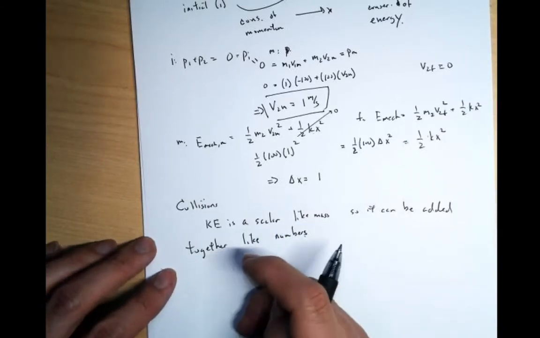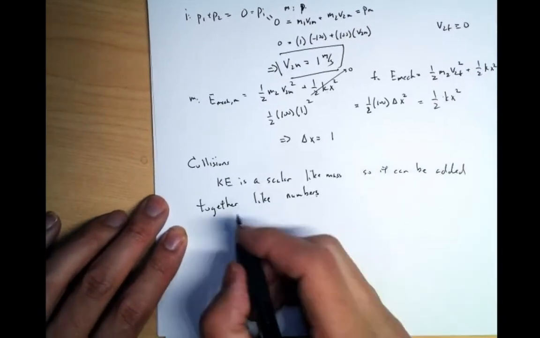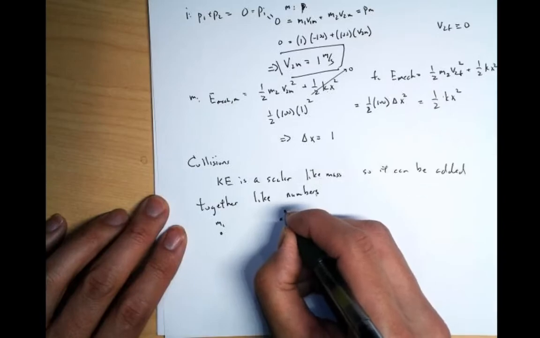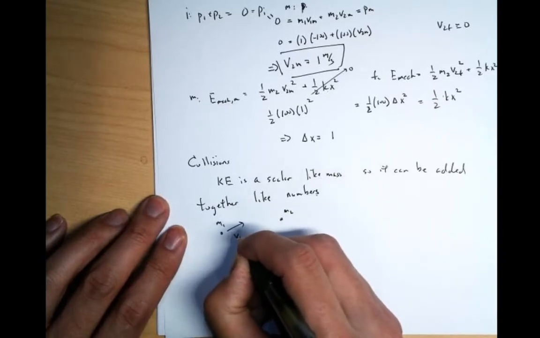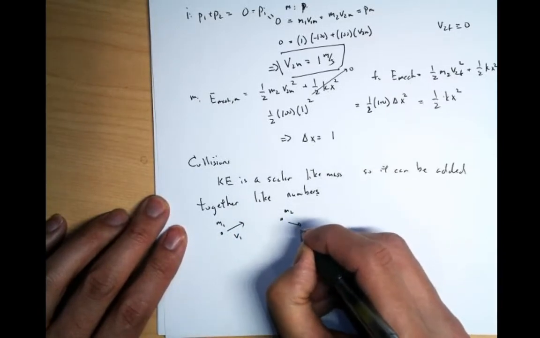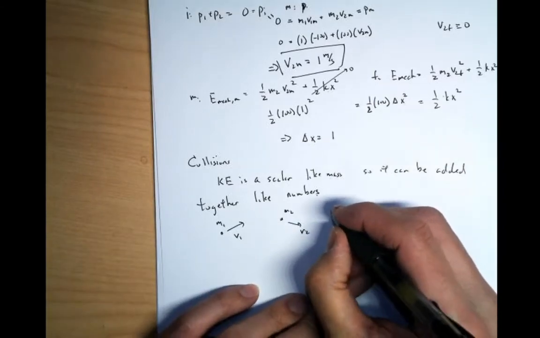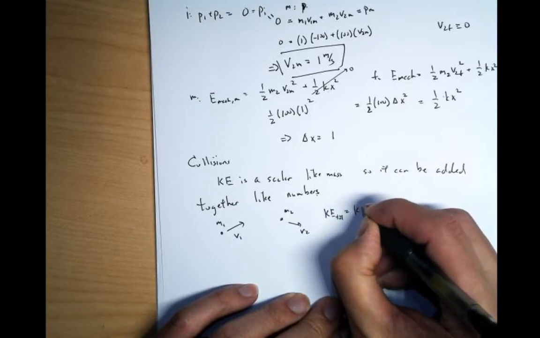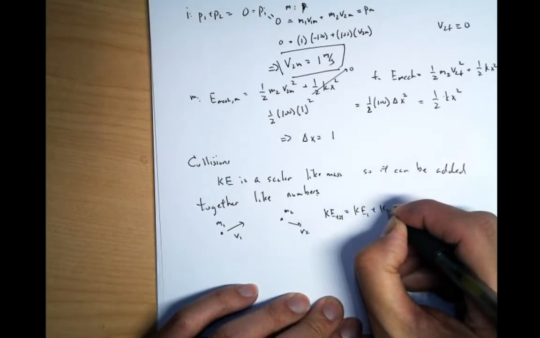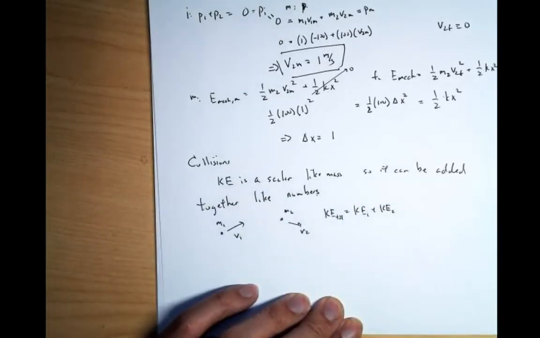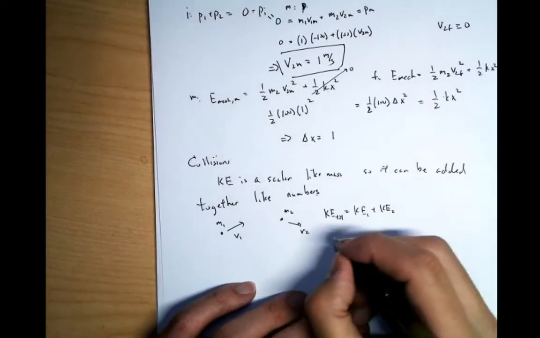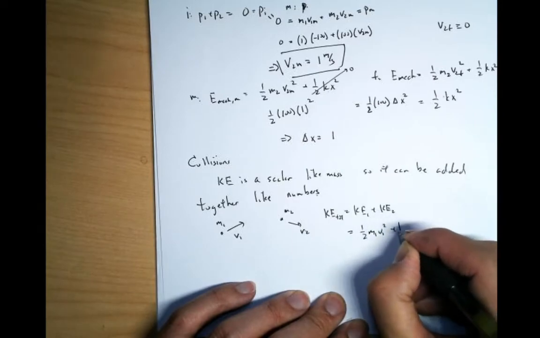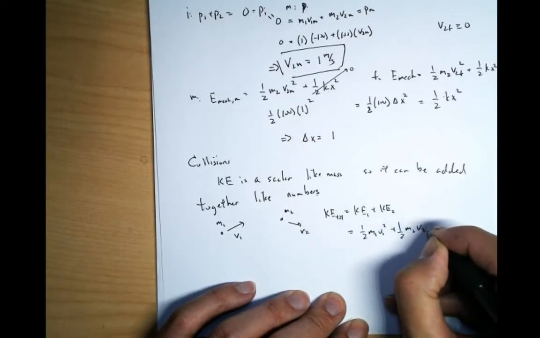So for instance, if I have two masses, this is m1, that's m2. This moves with velocity v1, this moves with velocity v2, then the total kinetic energy is the kinetic energy of 1 plus the kinetic energy of 2. So it's going to be equal to 1/2 m1 v1 squared plus 1/2 m2 v2 squared. Okay?